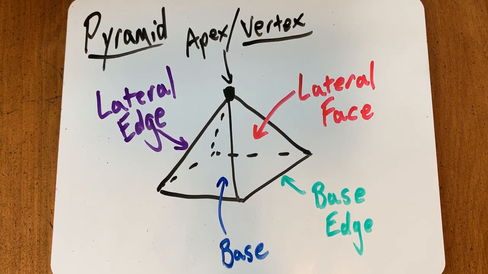All right, so that's what a pyramid is. If the base has 5 sides, it's going to have 5 lateral faces. If the base has 22 sides, it's going to have 22 lateral faces.